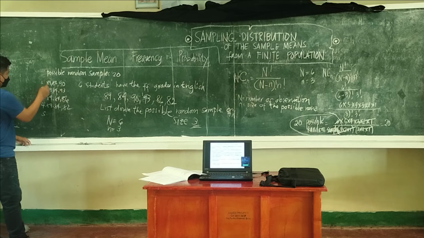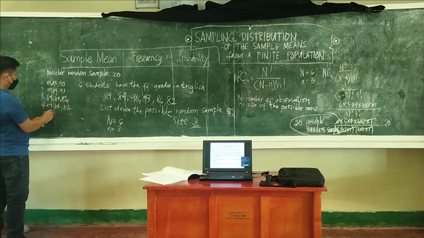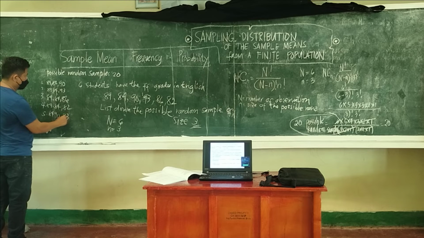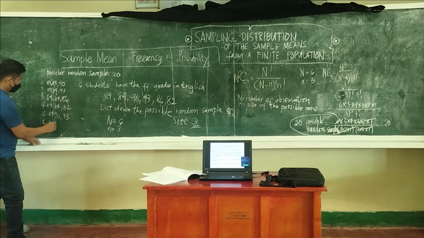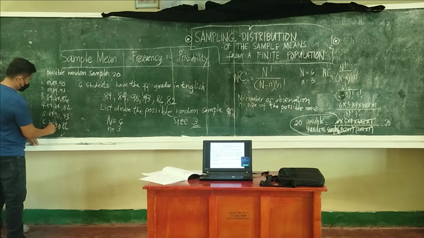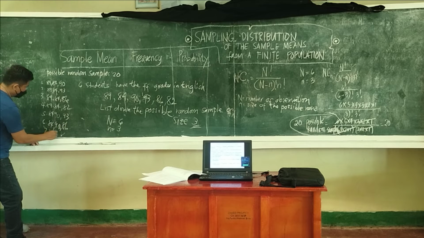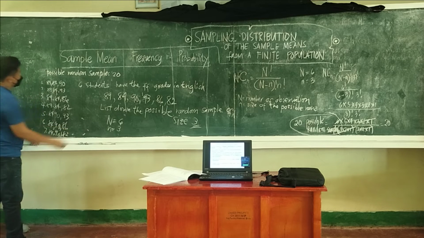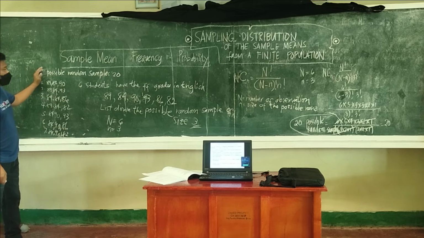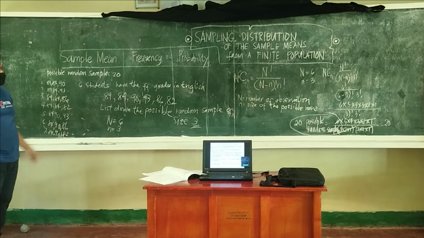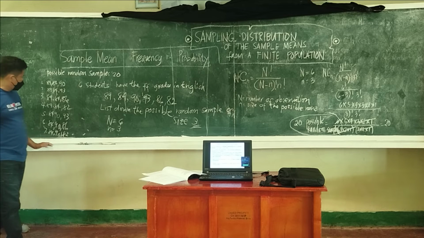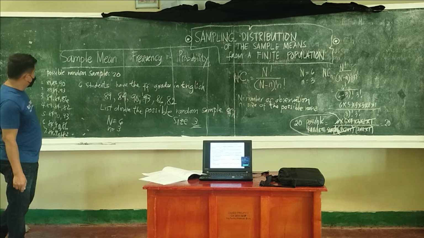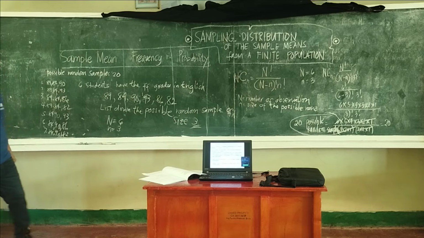Next, number 5, we have 84, 90, 93. Next, 6, 84, 90, 86. 7, 84, 90, 82. And so on. So these are the possible random samples, and we all know that there are 20. You may solve now the rest of the combinations or the list of the random samples.